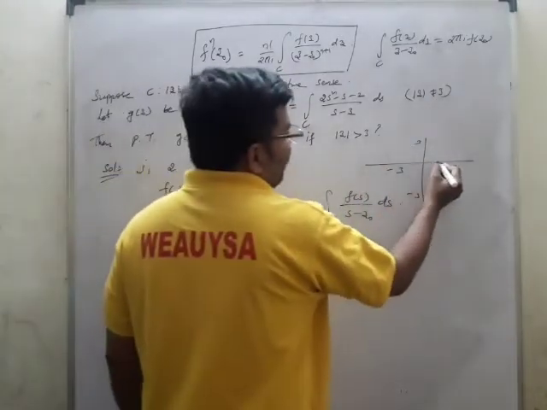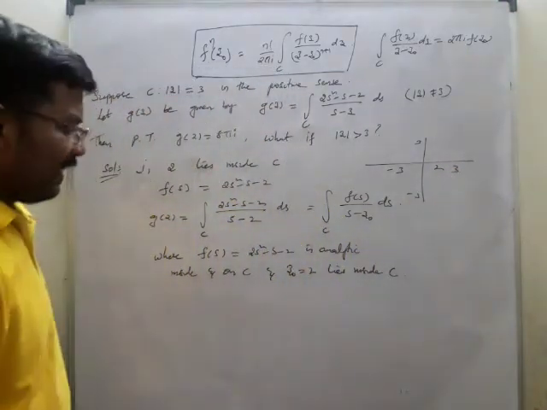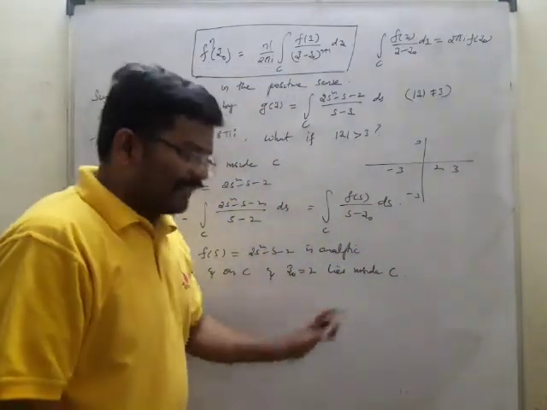So 2 will be somewhere here, which is inside the region. Therefore z naught lies inside the C.